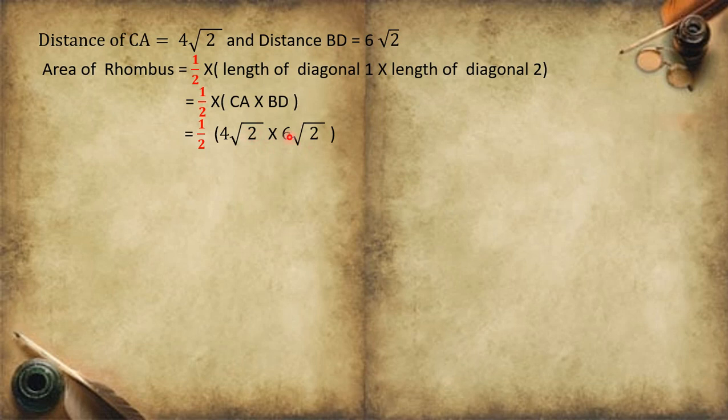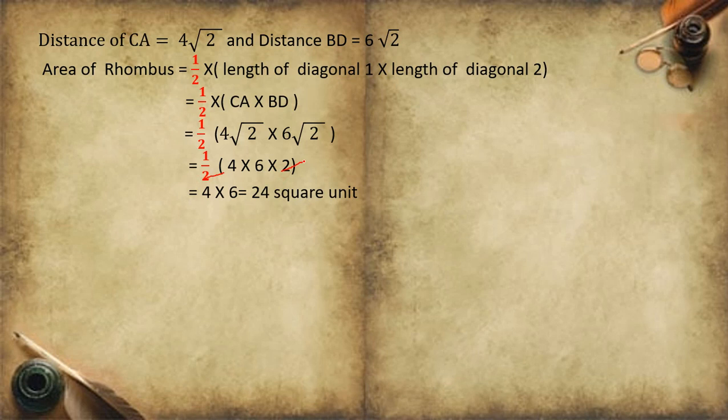Now root 2 and root 2, when multiplied, becomes 2. So we get 1 by 2 into 4 into 2 into 6. Now here the denominator 2 and numerator 2 will be cancelled out. So we get ultimately 4 multiplied by 6, and 4 into 6 is equal to 24. So we can say the area of the rhombus is 24 square units.